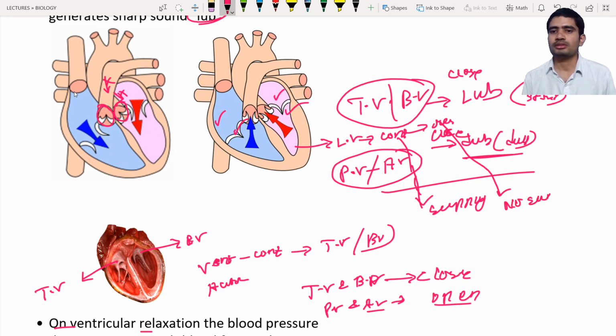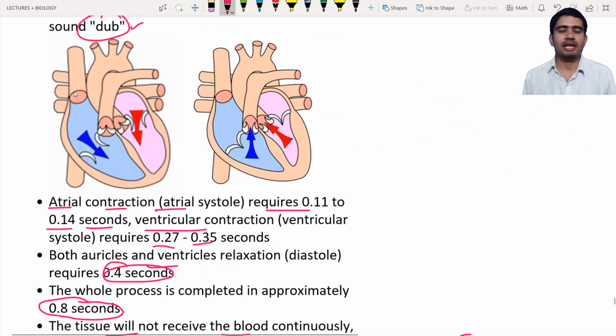Again, when the left ventricle contracts, supply; when it relaxes, no supply. Supply, no supply, supply, no supply. Such a flow of blood is known as discontinuous blood supply. That we can see in the pumping of blood by the heart.